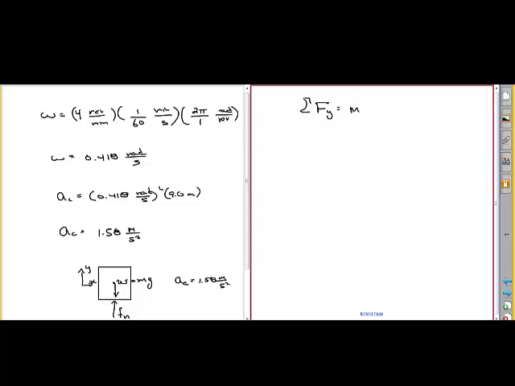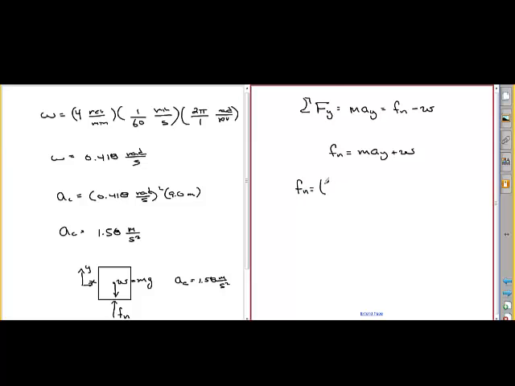Okay, so you have the mass times acceleration in the y direction, which in this case is a centripetal acceleration. And that's equal to the sum of the forces, and we have the normal force pushing up, and we have the weight pushing down. The normal force is what we're trying to solve for. So the normal force is the mass times a sub y plus w. So we just plug in what we know.